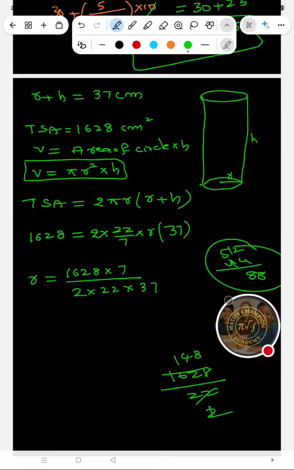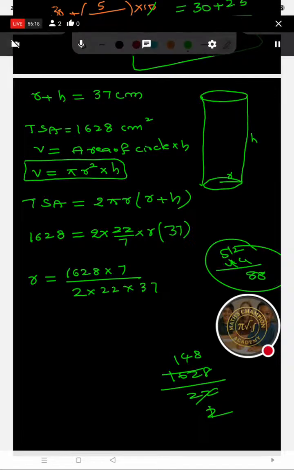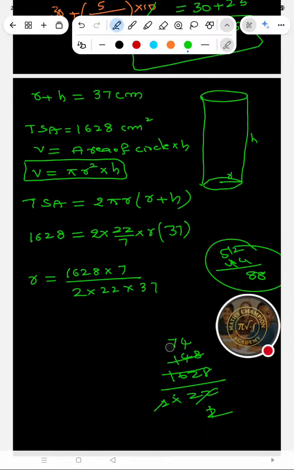If you do cancellation, 11 2s are 22, 148 you are getting. Then again this 2 is there. Again into 2, there, 2 1s are 2, 2 7s are 14. Okay, so here it is over. Again 2 there, 2 1s are 2, 2 37s are 74. Okay, 37 is cancelled. Then r is equal to how much?